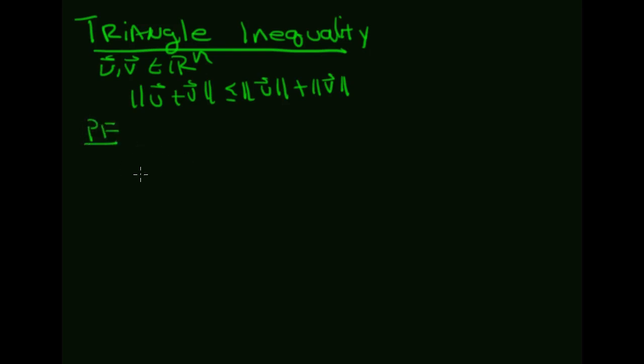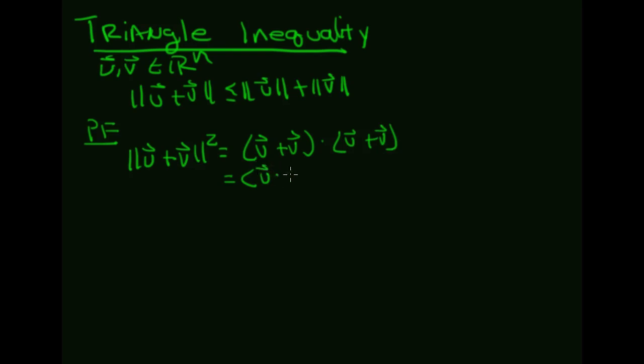All right, so proving this, let's start from the left, but we're going to square it. So we take the magnitude of u plus v squared, which is u plus v dotted with itself. So this becomes u dot u plus 2 u dot v plus v dot v.